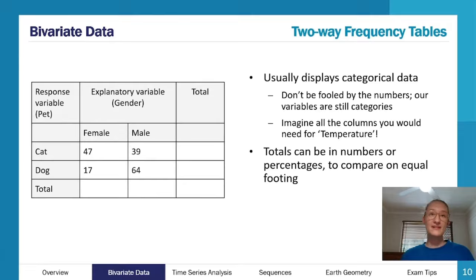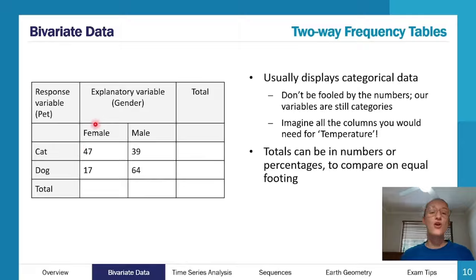What I mean by percentages is we can take the number and convert it to a percentage. That allows us to compare the numbers and the values on equal footing. Because at the moment, you can see that I've interviewed quite a lot more males than females.